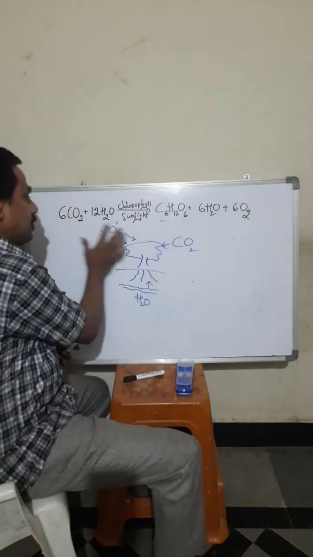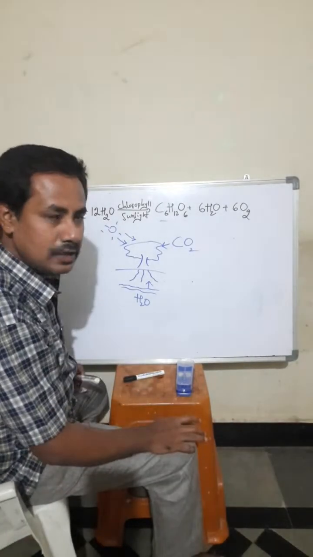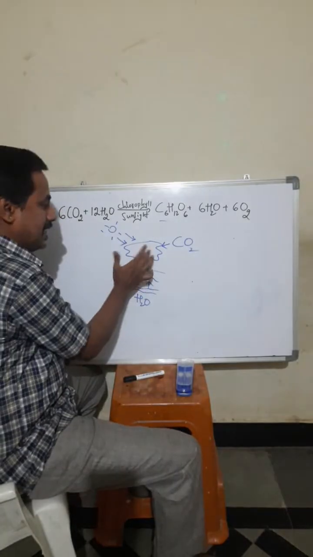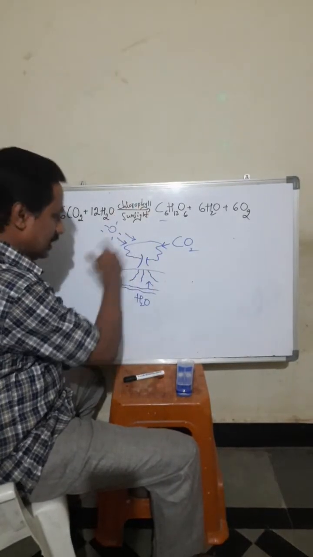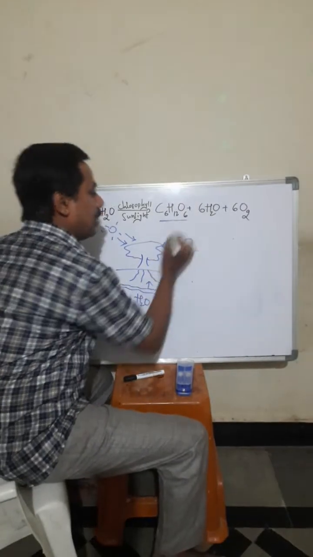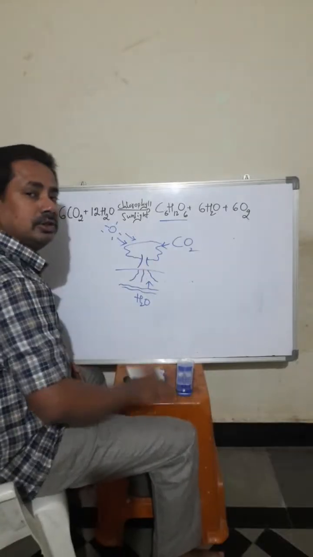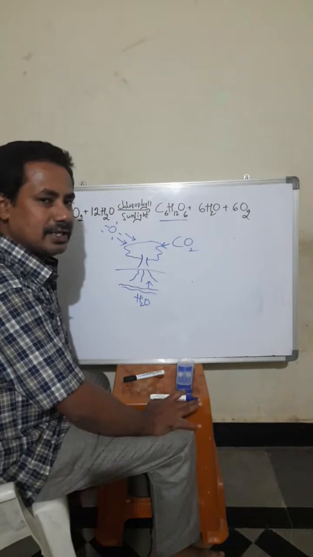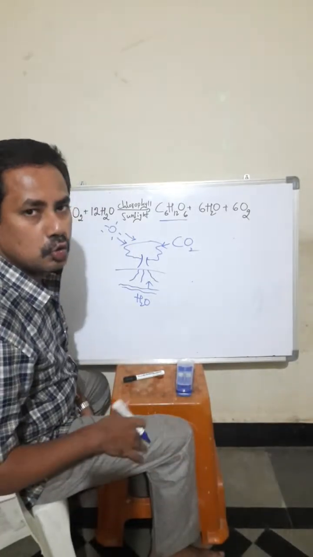So carbon dioxide and water are the raw materials. In the presence of sunlight and chlorophyll, the photosynthesis process takes place and food is prepared. What is the food? Carbohydrates, C6H12O6, also called glucose.